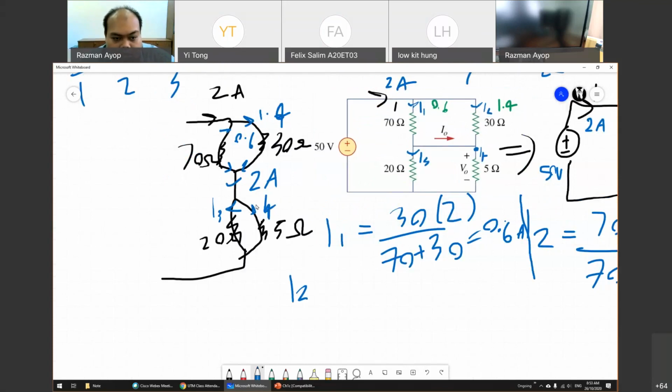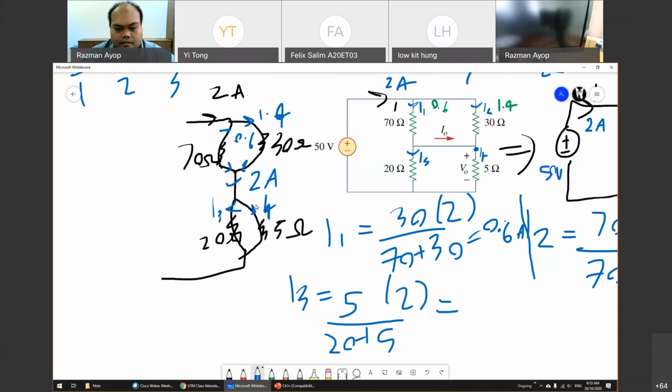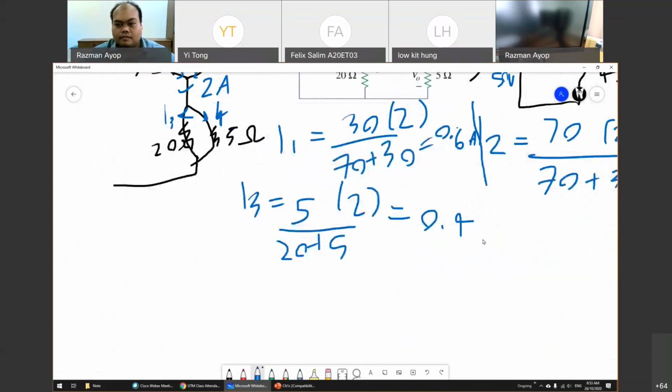So I3 is equal to 5 divided by 20 plus 5. Don't forget the current is 2 ampere. Okay, if you redraw again, you get 2 ampere. So you get 0.4. Okay, 0.4 ampere.